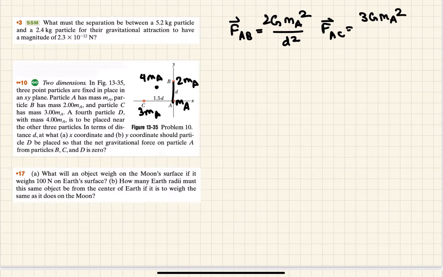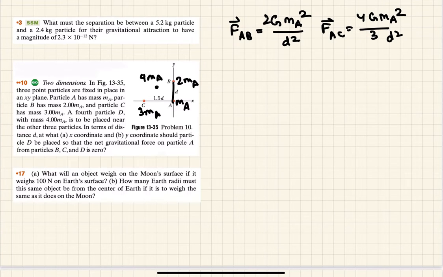Now that's 3 mA times mA, so that becomes 3 G mA squared over, this is 1.5 d, so that's going to be 2.25 d squared. And if you don't like fractions, you could simplify this a little bit to 4 over 3, 4 G mA squared over 3 d squared. Sorry, if you don't like decimals, you're going to be stuck with a fraction nonetheless.